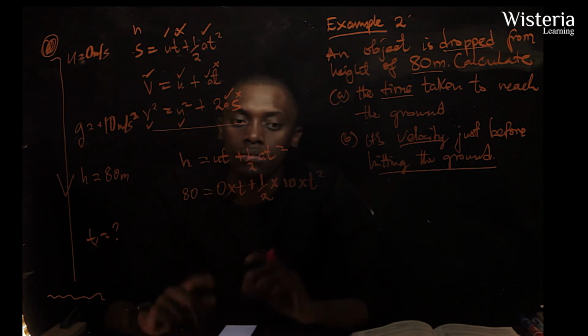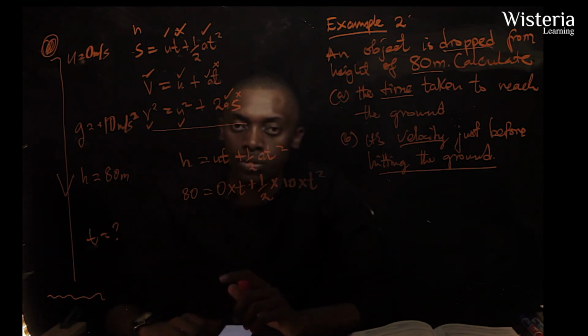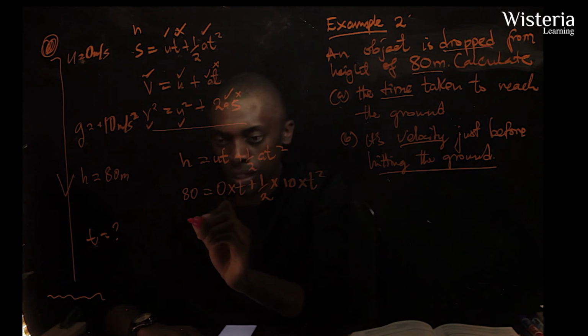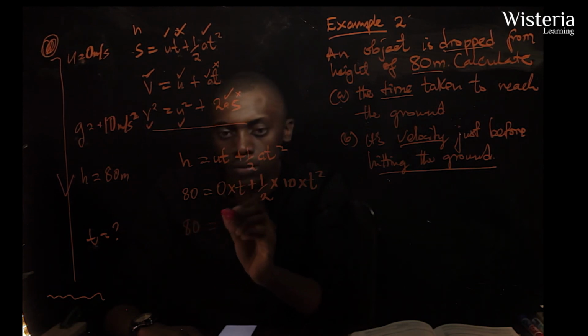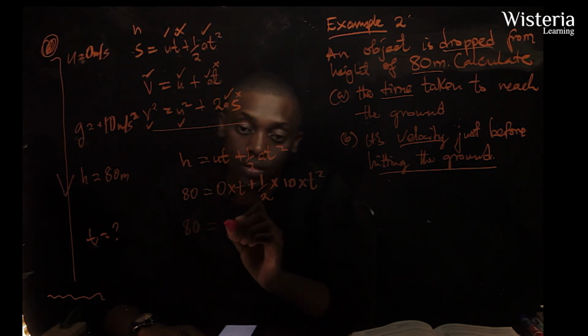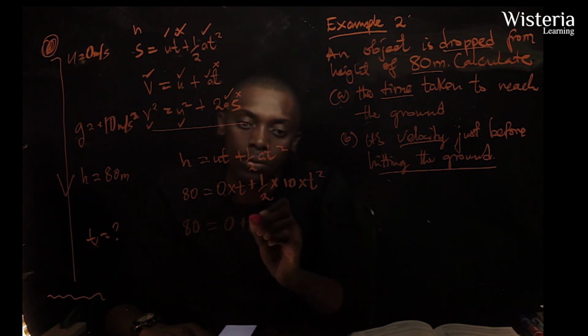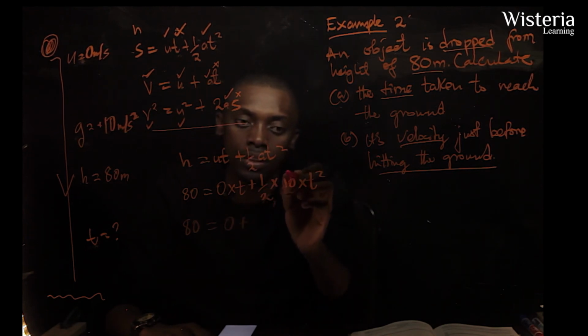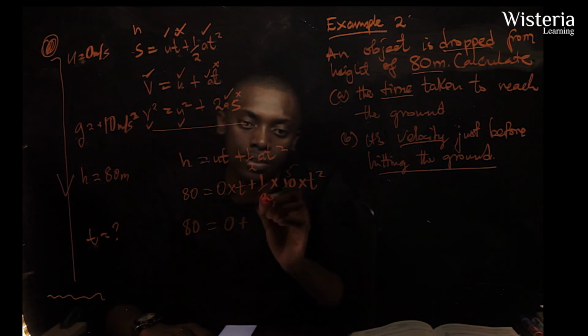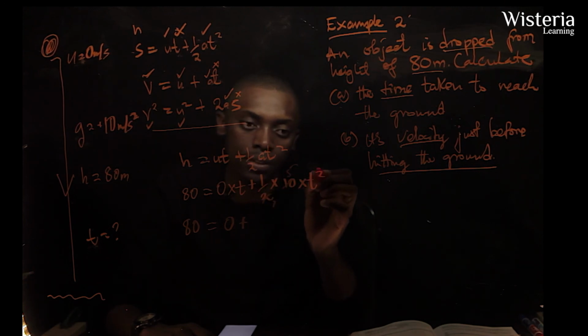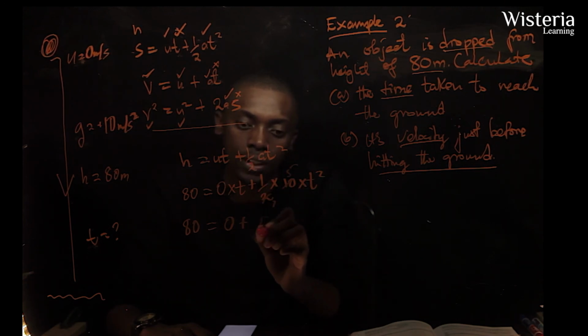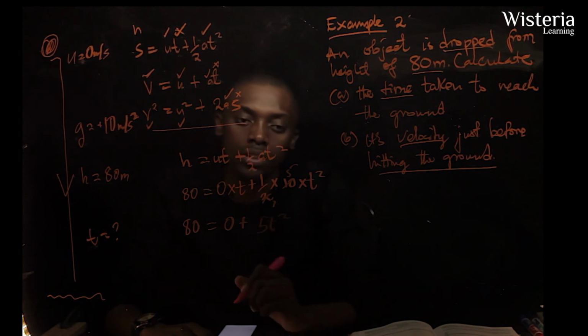Okay, so we have substituted. Now we do our arithmetic, and we say 80 equals 0 times t, which is 0. Then half of 10 is 5. So it's the same as saying 1 times 5 times t squared, which gives us 5t squared.